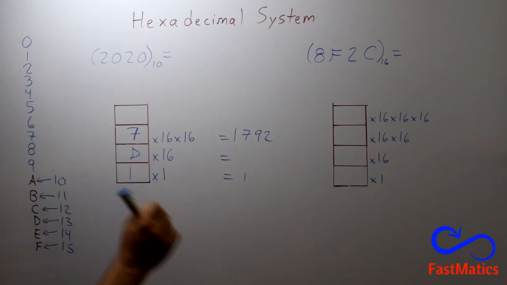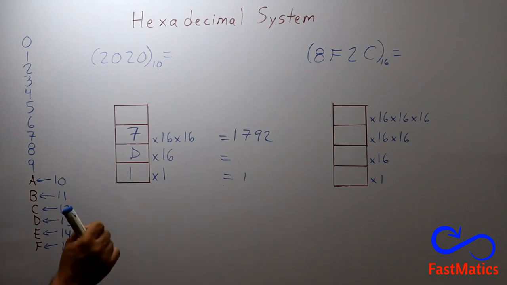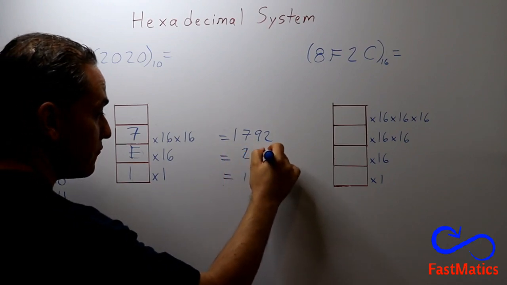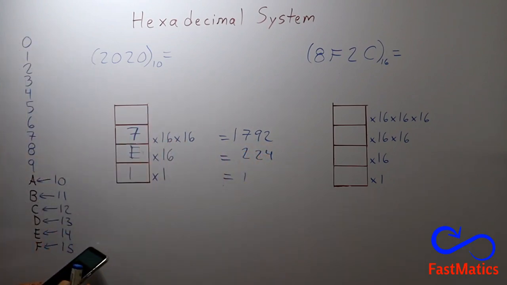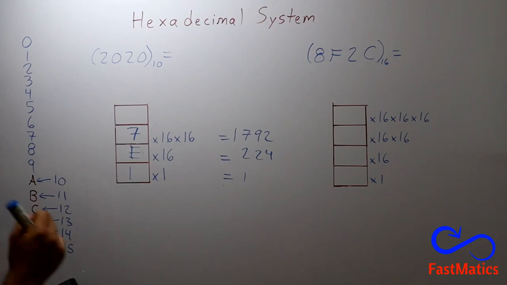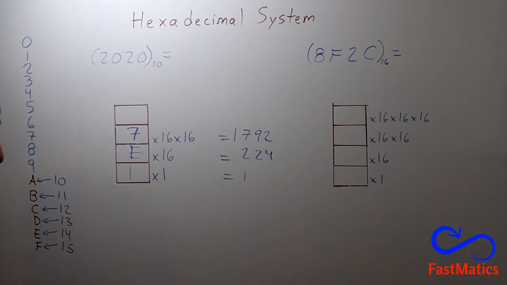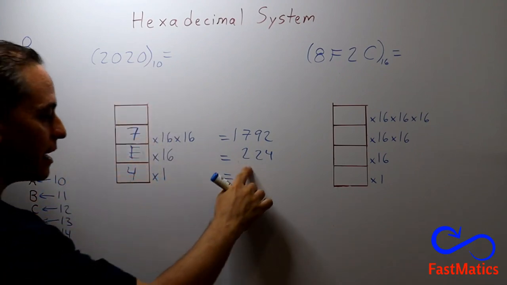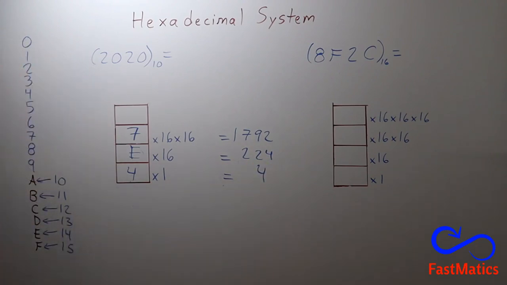We have almost reached the answer, but it is not the answer. So let's try with 14. So 14 times 16, 224 plus 1792, 2016. Okay, because 2016, if we want to get the 2020, we write 4 here, and that's all, folks.